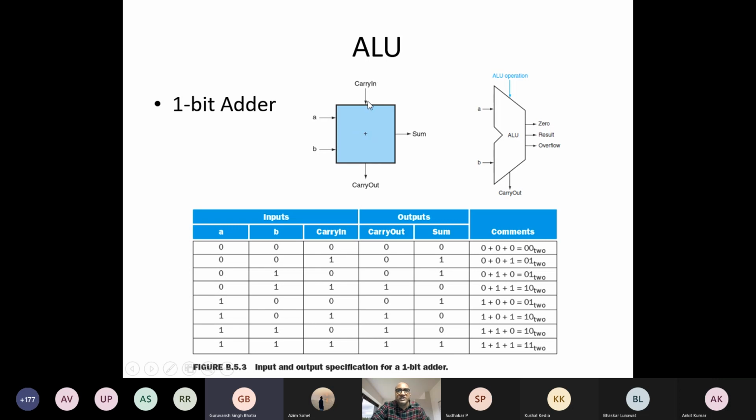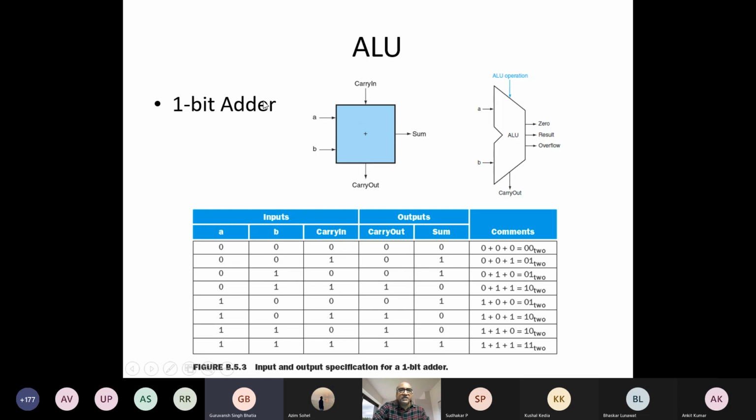But if you have a number consisting of multiple bits, then the carry in can be considered as one of the inputs, because the carry in may not be required for the least significant bit. But later the carry will be generated, because when you add the 2 bits in the 0th position, the carry may be generated. That carry will participate in the next bit addition. So likewise the carry will be there from the later bits.